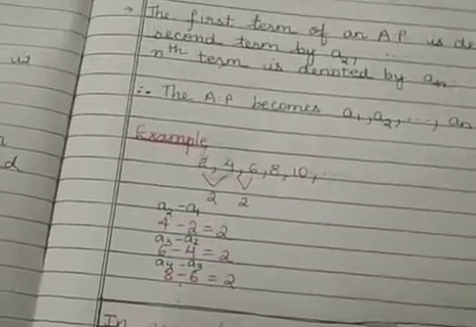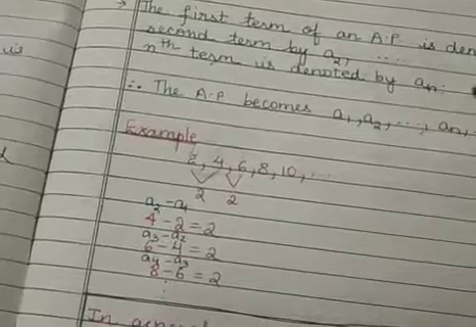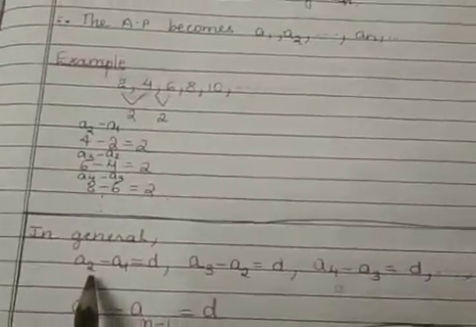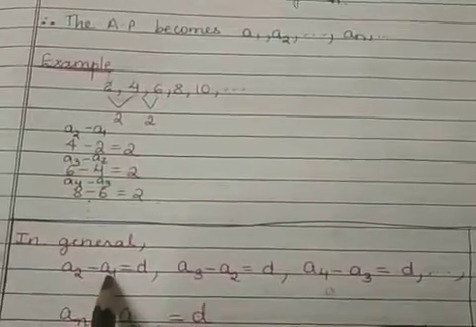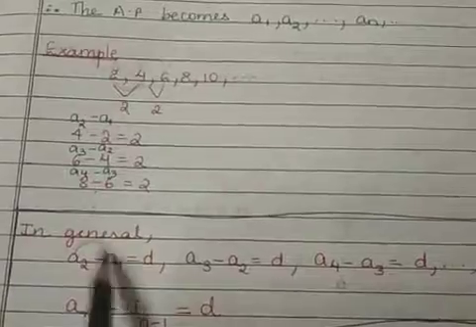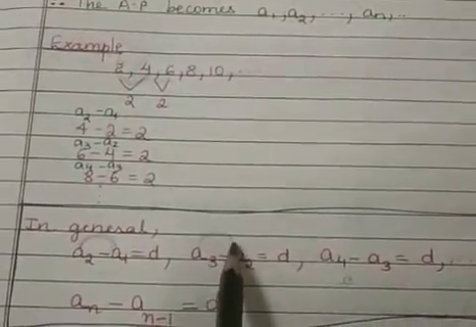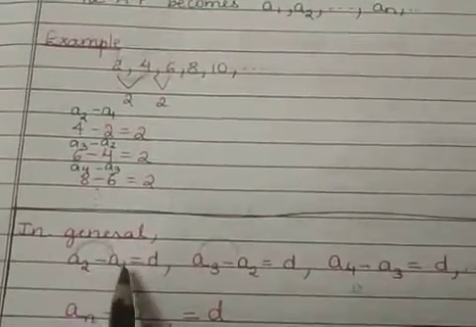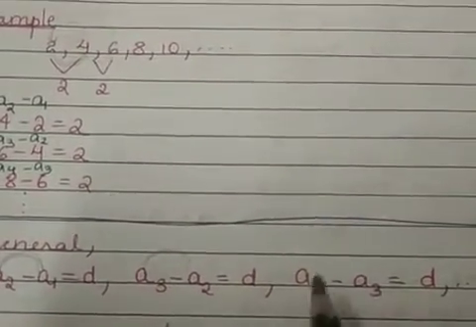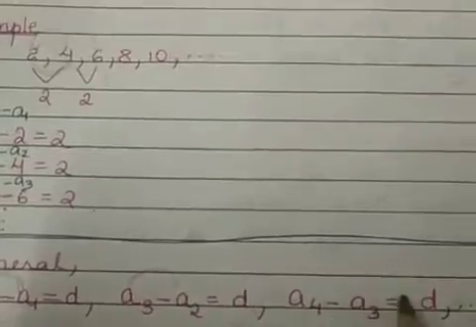If you denote your first, second and third terms as a1, a2 and a3, then a2 minus a1 will be d when you subtract two consecutive terms. The next two consecutive terms give a3 minus a2 is d, a4 minus a3 is d.